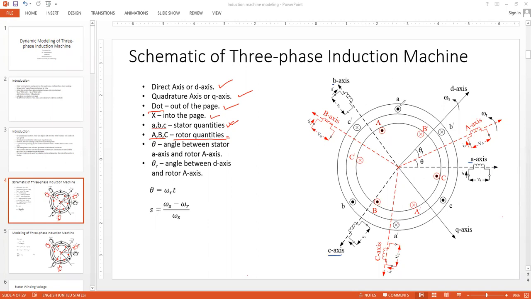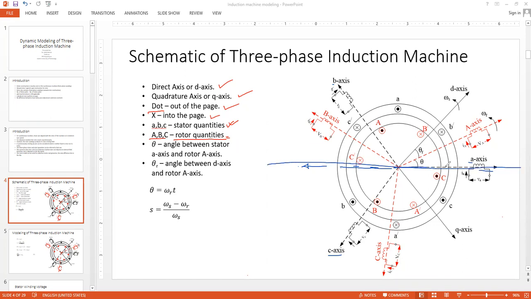I mean, if we are considering exactly at this instant of current direction, because these are three sets of AC, alternating applied voltage. So at a certain instant, this A at this end is out of the page, this is into the page, but after 180 degrees, they would reverse their direction. So in that case, the A axis would be along this line.